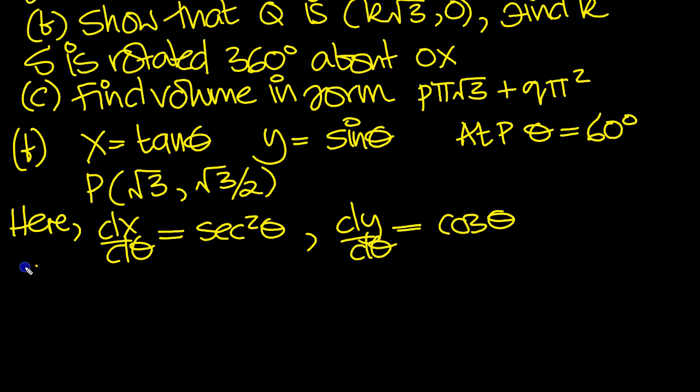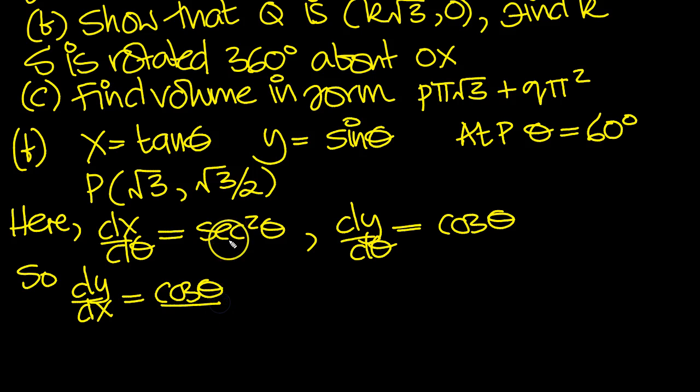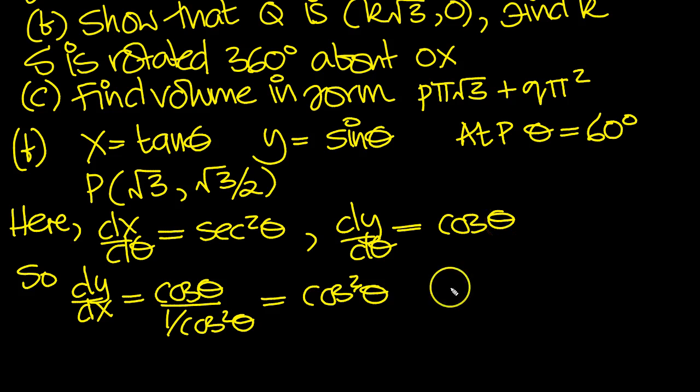So dy dx is equal to dy d theta divided by dx d theta, that would be cosine theta divided by sec squared theta, which is 1 over cosine squared theta. So the cosine can all move up to the top and we're left with cosine cubed of theta. Cos 60 is a half, so this is a half cubed, which is 1 over 8.